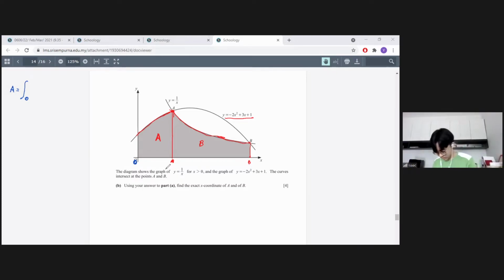Half, if I'm correct. 1 over 2. It's not the intersection point. Half, is it? Yes. This is half, then you put half.